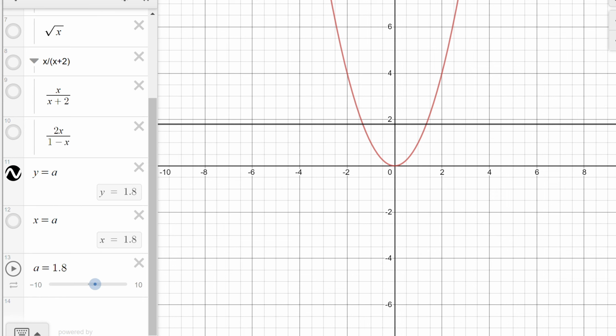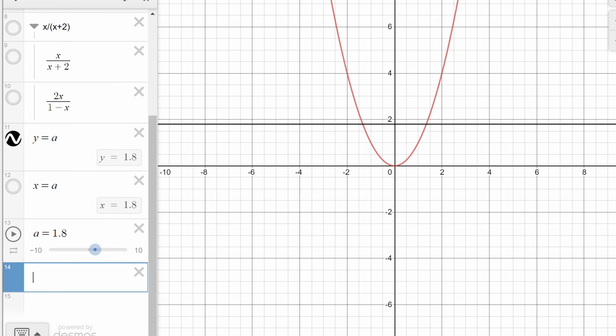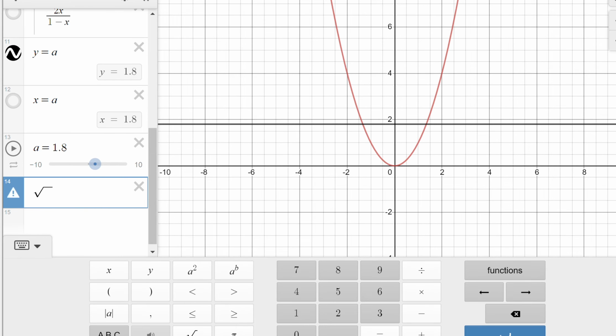So y equals x squared is not one-to-one, which means that the other thing we wrote on our previous work was that we had negative the square root of x too, right?